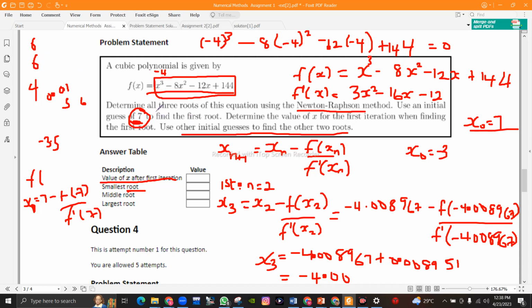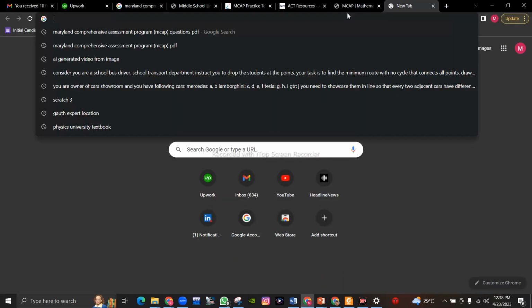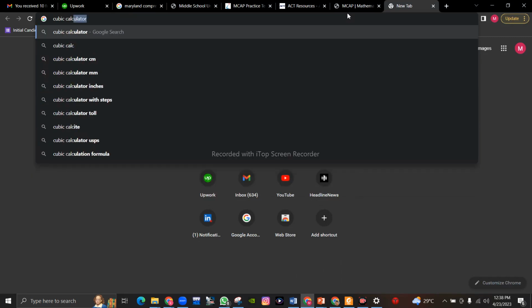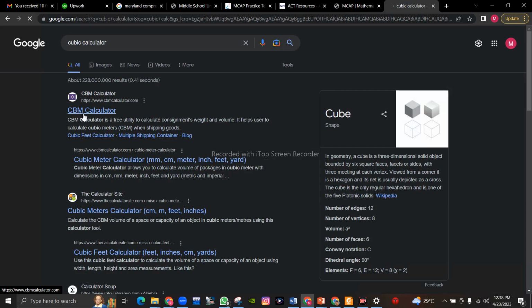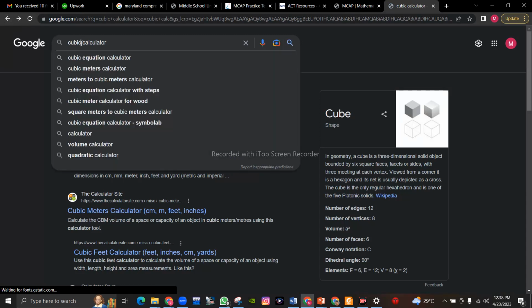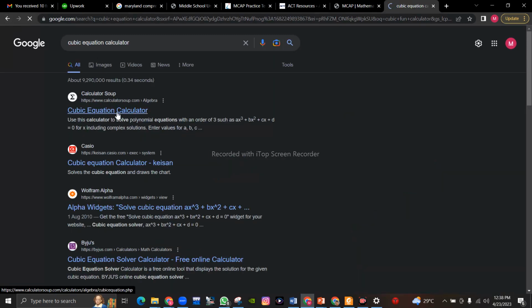You can solve this problem online. Search for a cubic equation calculator.